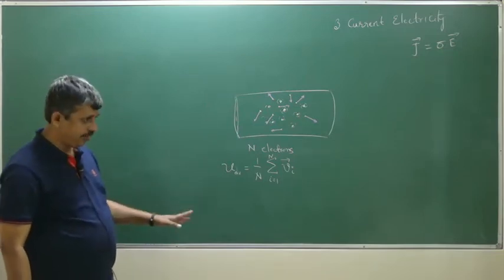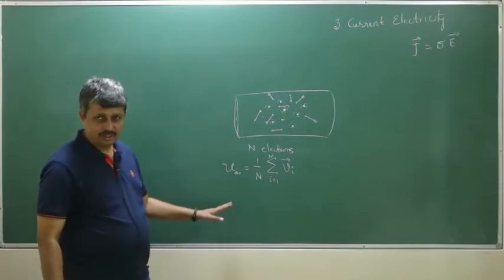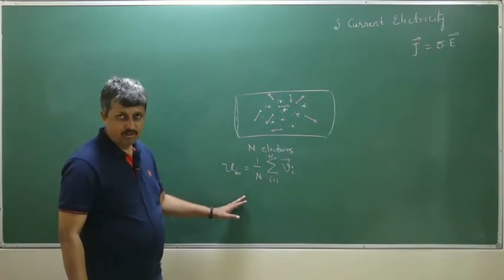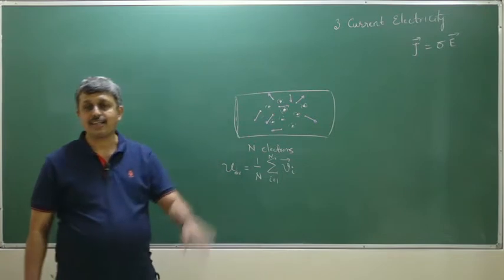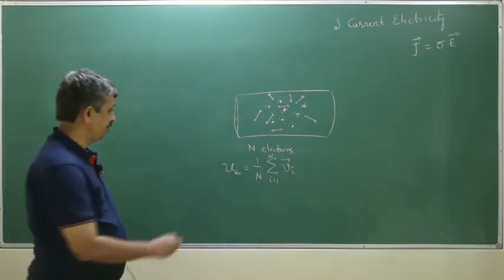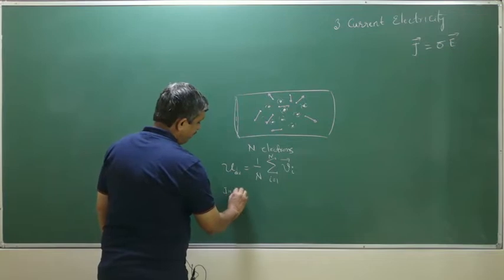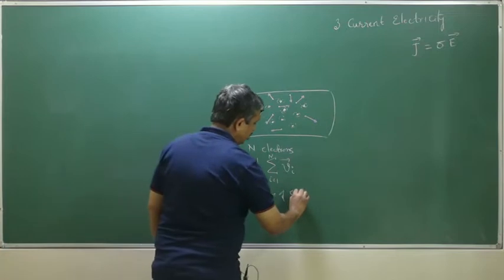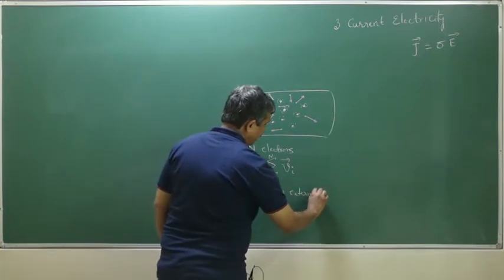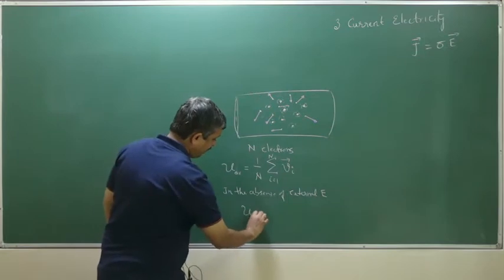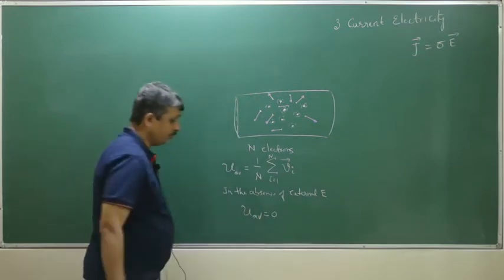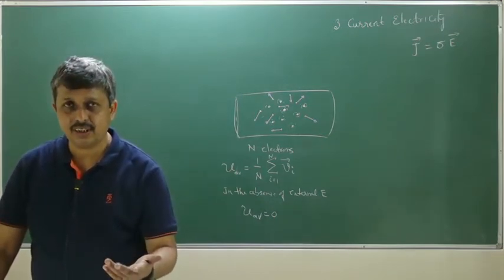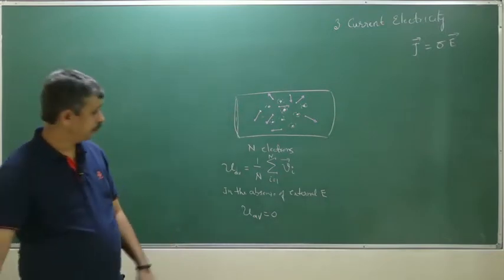U average is the average drift velocity of all the electrons when there is no electric field applied. In the absence of an external electric field, U average must be equal to 0, meaning there will be no drift velocity.